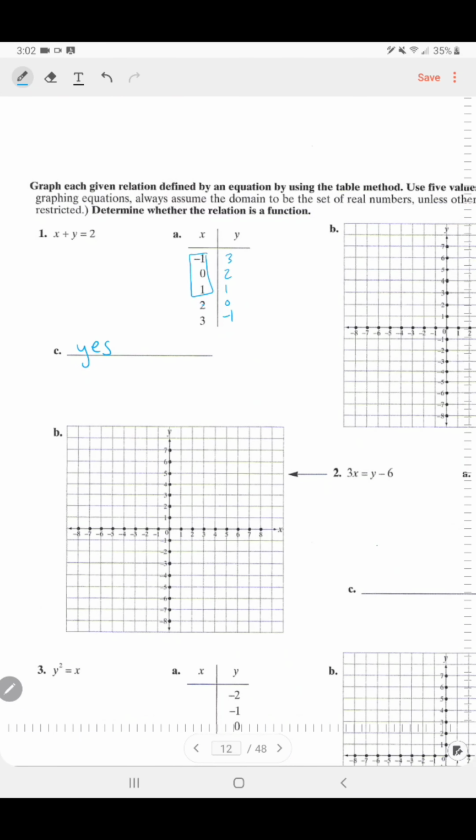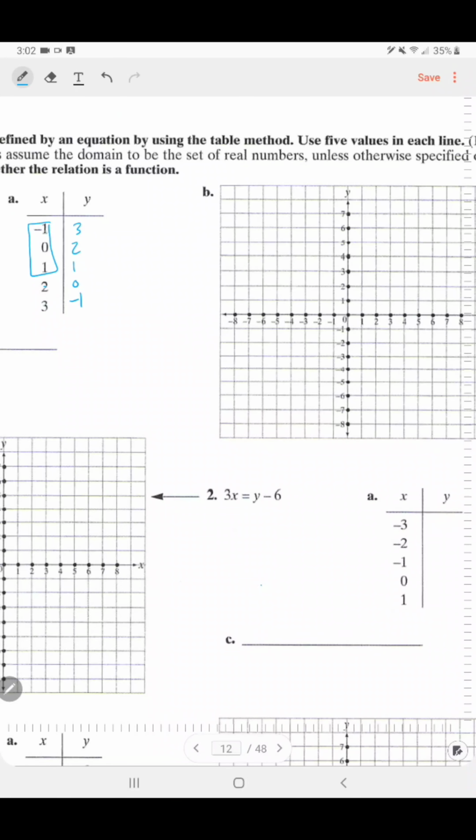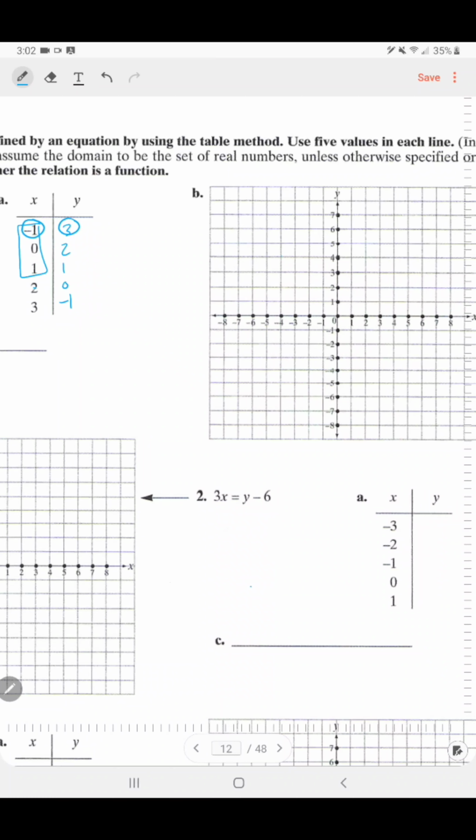And we're going to graph our points. So we've got -1 and 3. You're always going to start on the x line. So -1 is here. And then you're going to go up 1, 2, 3. So right there.